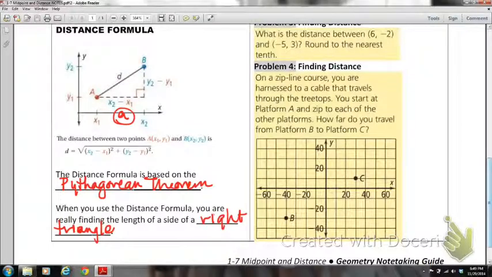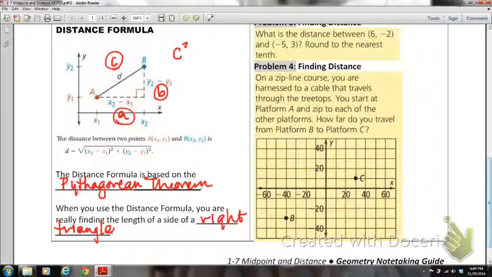And then if we look at the right side of the right triangle, the vertical side, that's the difference between the y coordinates. We'll call that side B of the right triangle. And then the distance we're trying to find, we'll call that C, which is actually the hypotenuse of that right triangle.